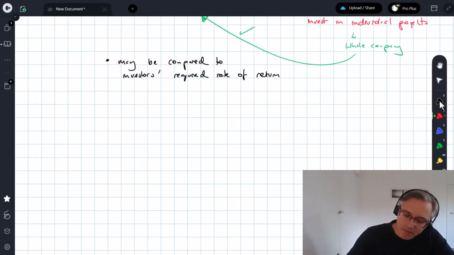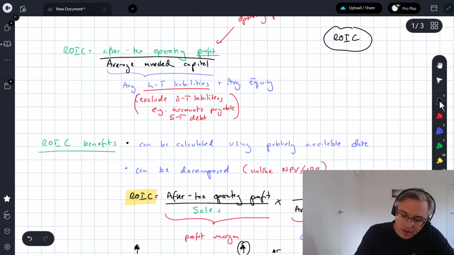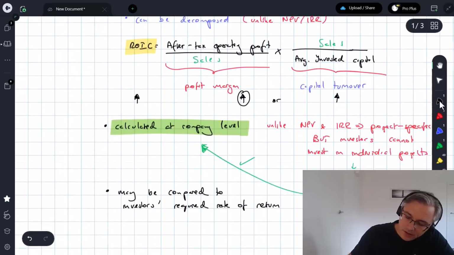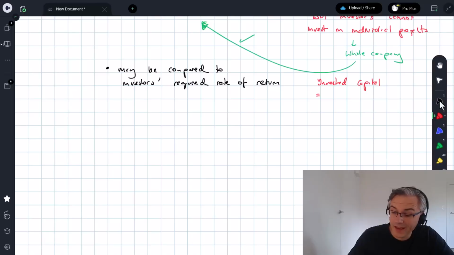However, please appreciate that when we talk about invested capital as featuring in the denominator of the ratio, average invested capital, we include both equity and long-term debt.